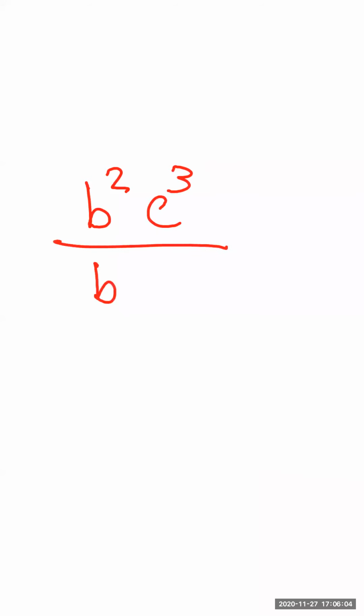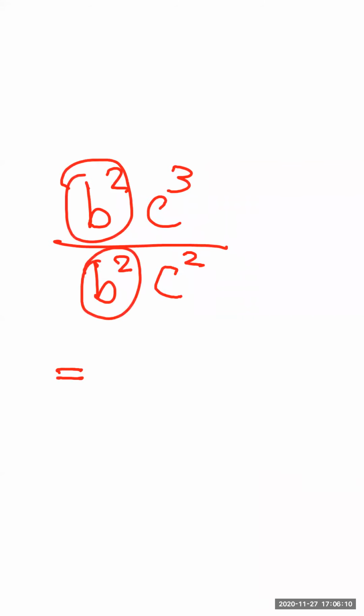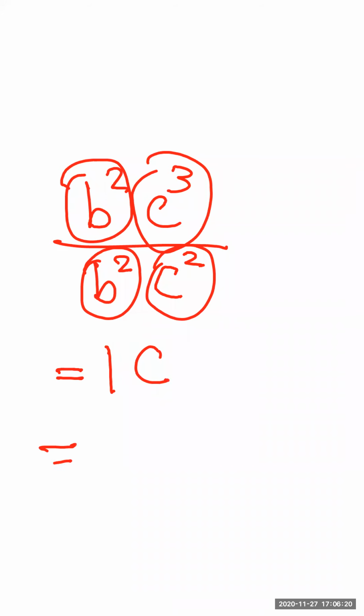No, of course, we don't have to write it, because if I'm dividing b power 2, c power 3 over b power 2, c power 2, it will equal b power 2 over b power 2, which means 1, and c power 3 over c power 2, which means c. So 1c means c, right?